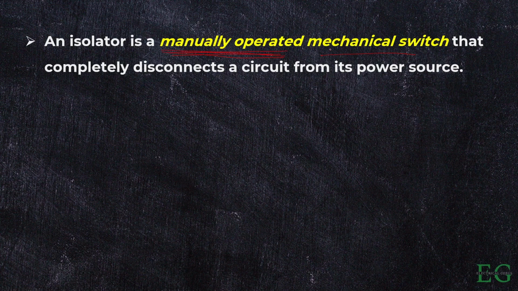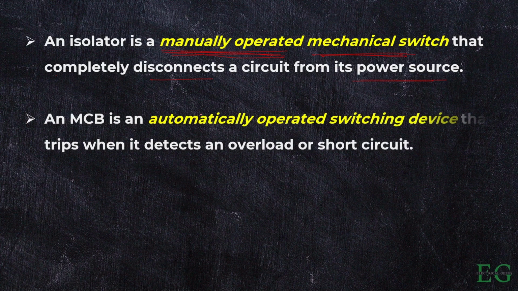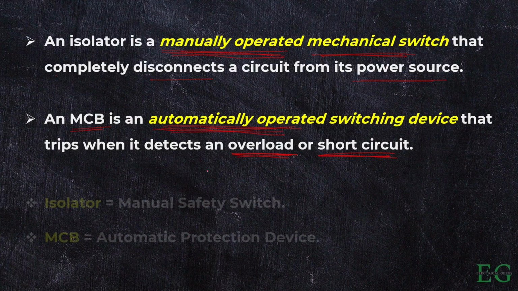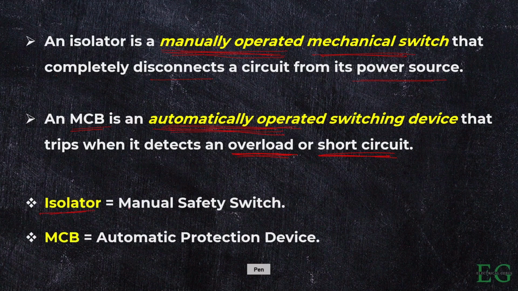Whereas on the other hand, an MCB is an automatically operated switching device that trips when it detects an overload and short circuit. Means an MCB operates automatically whenever it detects an overload or short circuit. In simple terms, an isolator is a manual safety switch, whereas an MCB is an automatic protection device.